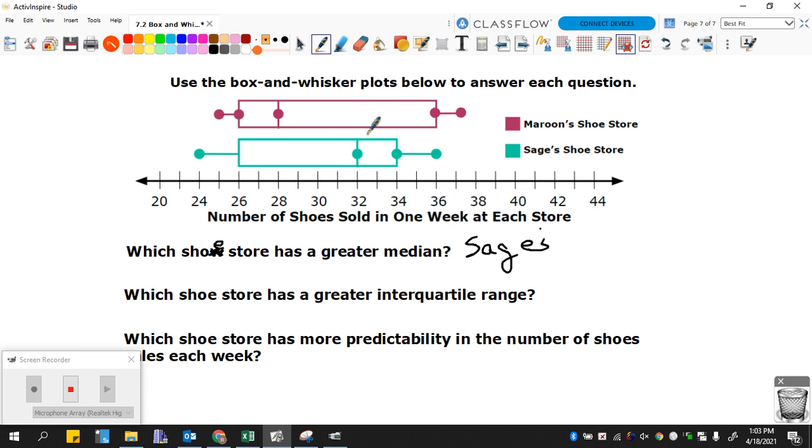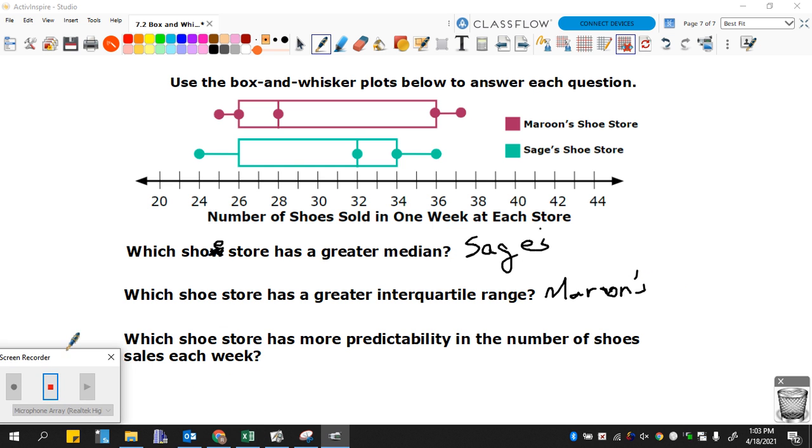Well, the greater interquartile range, it's obvious to see here, is the Maroons, okay, because their box is bigger, okay. The Maroons shoe store, and which shoe store has more predictability in the number of shoe sales each week? Well, that would be the one with the smaller box, which would be Sages, okay.